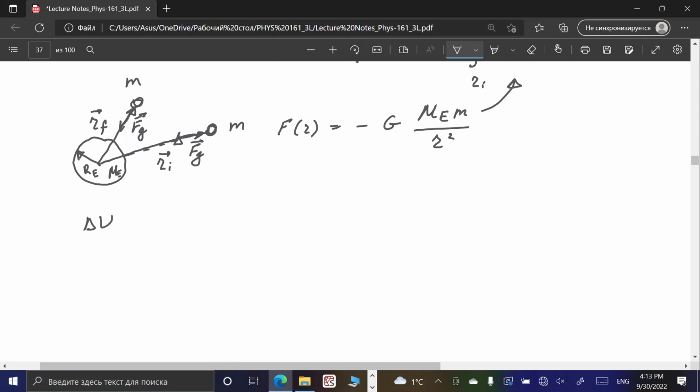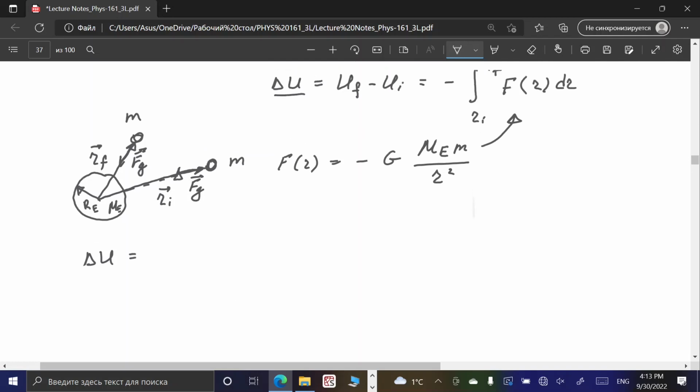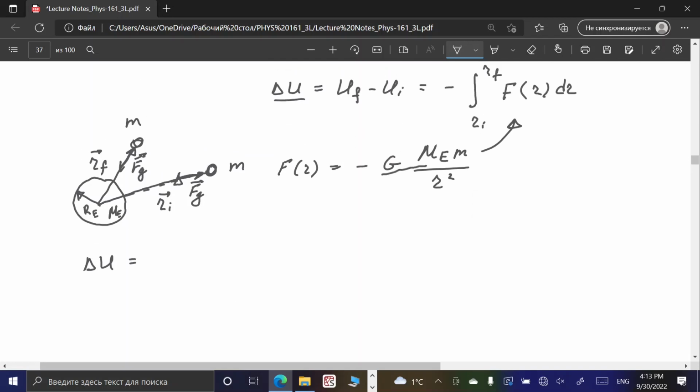So change in potential energy will be equal to all these terms which are in the numerator, they are constants. So masses of the planet and object don't change. G is the universal gravitational constant. So we can take it, factor it out from the integral.